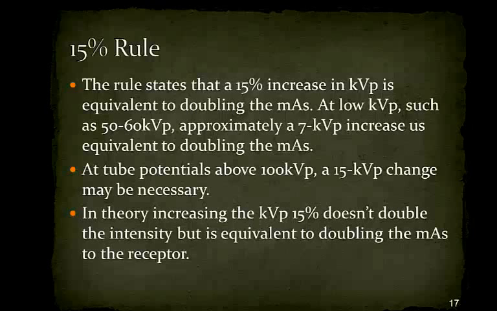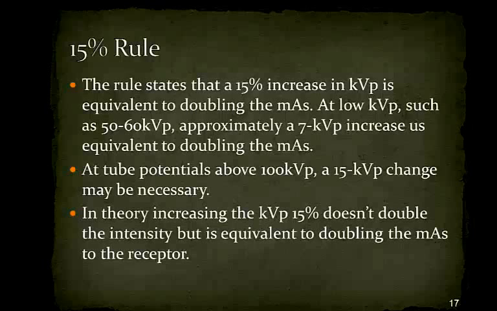We'd like to increase, when I say density, we're trying to increase the mAs. So there's two things we could do. We could actually increase mAs itself, or we could increase kVp and use the 15% rule. If I were to change the kVp from 100 to 115, so I went up on kVp, what do you think that is going to do to my mAs?